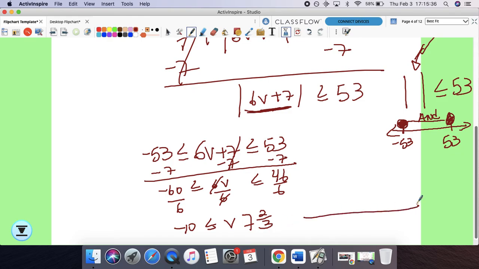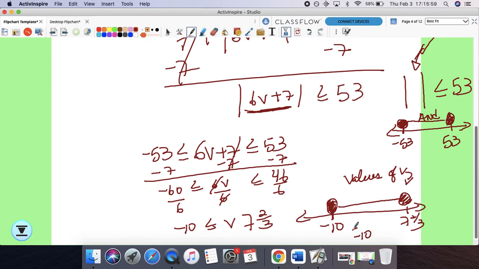So if you draw a number line, V can be a lot of numbers. It can be negative 10 all the way to 7 2/3. So these are values of V. And then if you want to be fancy, this one we're going to use brackets, 7 2/3.